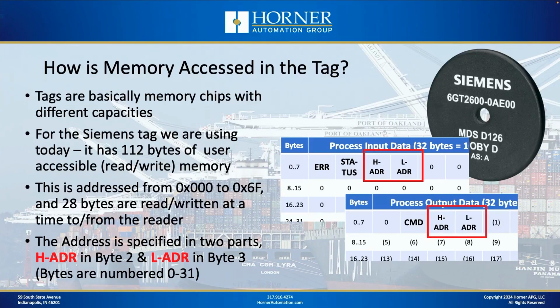And when we determine the address we want to read or write to or from, then we need to fill that information in, the 2 bytes that are there for the high address and the low address. So that's basically a little bit more extra information about how you access memory from the tag.